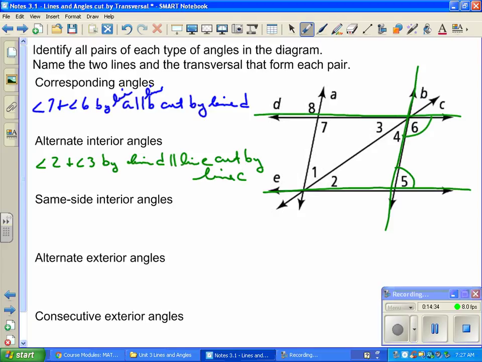And so angle 6 and 5 are same side interior because they fall between line D and E and are cut by transversal B.